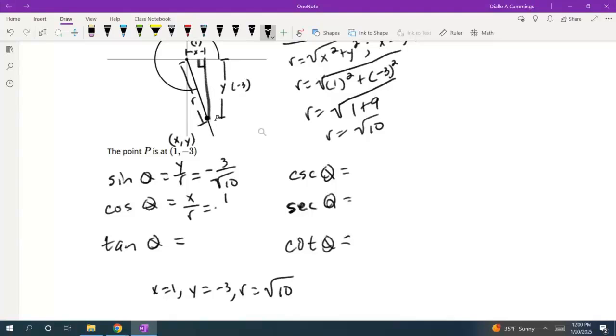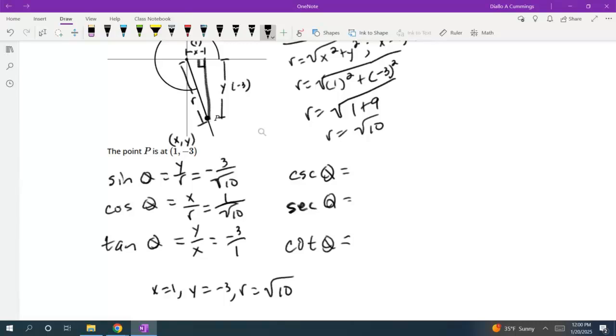My x value is 1. My r value is square root of 10. So I have 1 divided by square root of 10. The formula for the tangent is y over x. So I have negative 3, which is y, over 1, which is x. So the tangent is simply negative 3.